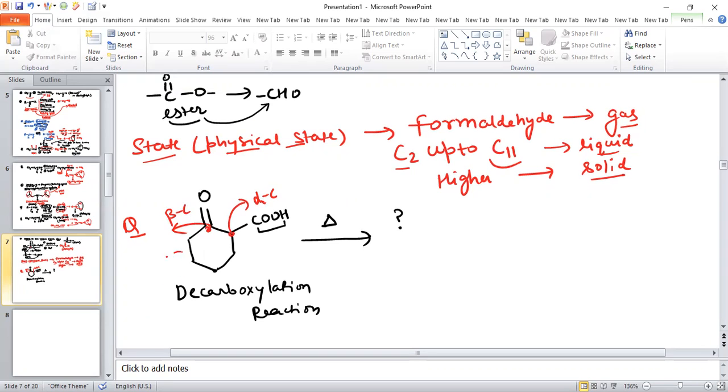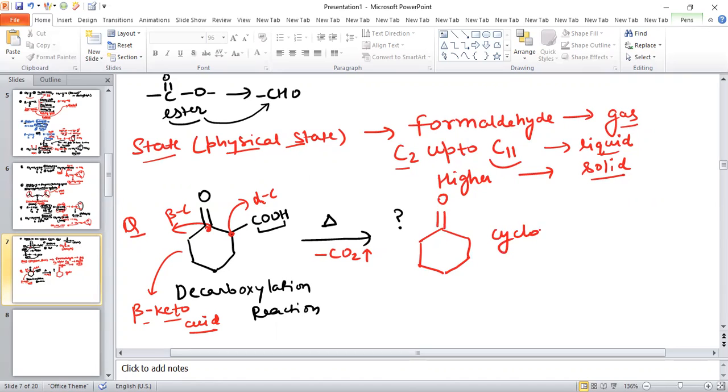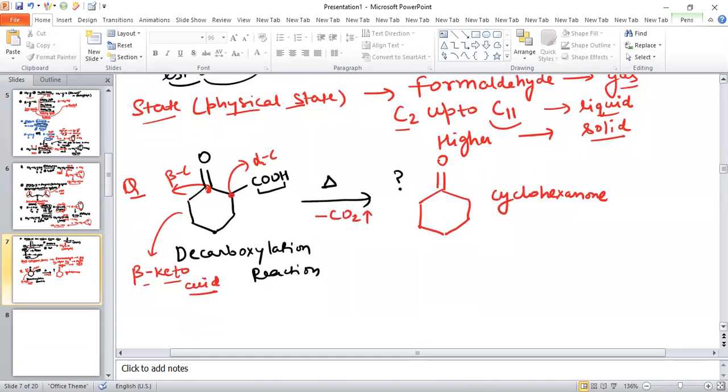So you can call this compound a beta keto acid. When we heat it, CO2 gas is released, and the compound obtained will be this one. The name of this compound is cyclohexanone.